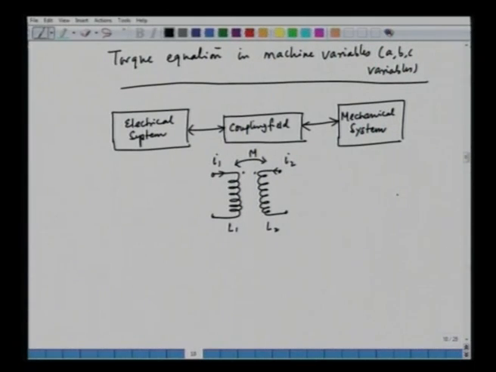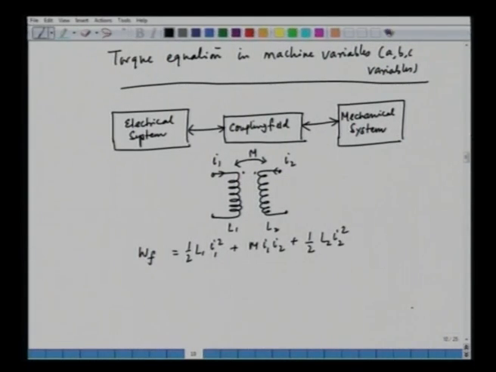If you want to find the stored energy in the field, the stored energy Wf is half L1 I1 square plus M I1 I2 plus half L2 I2 square.